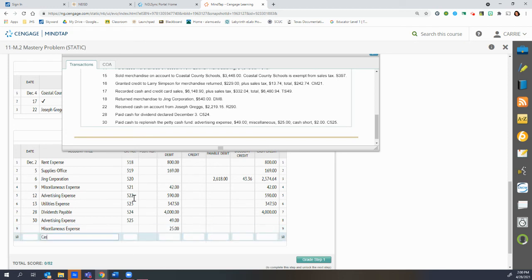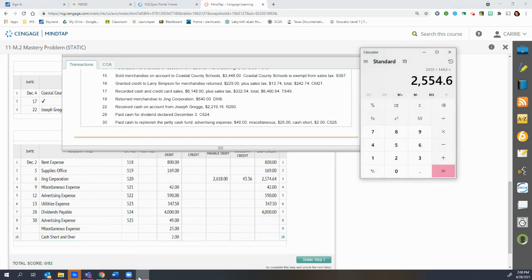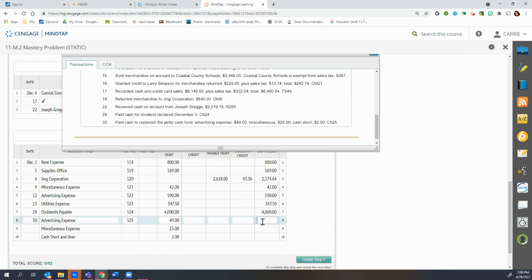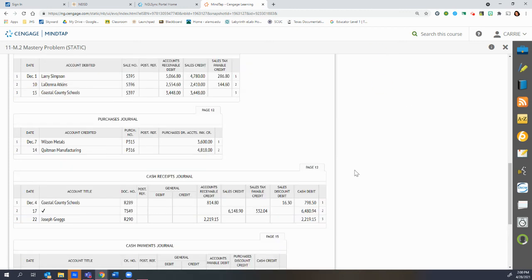And then cash short, short. So give them $2. Okay. And then the credit is for $76. And remember, you just put it once up there, right? And then that is it.